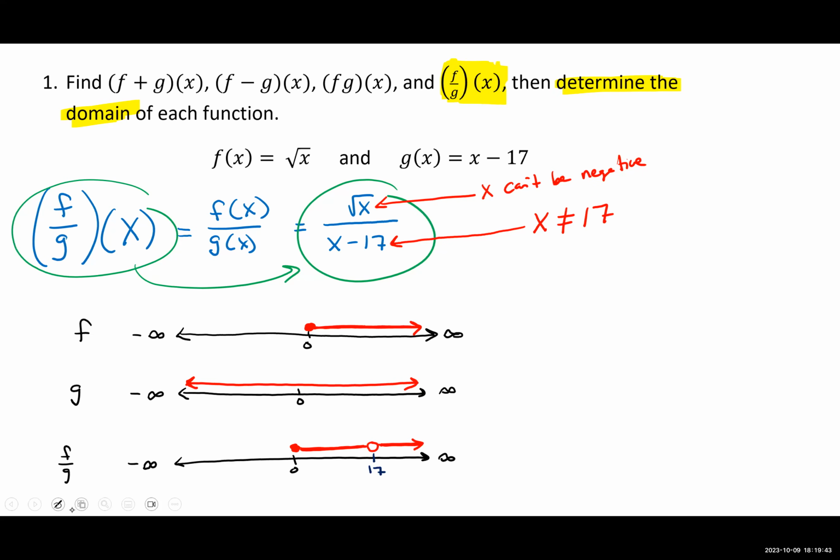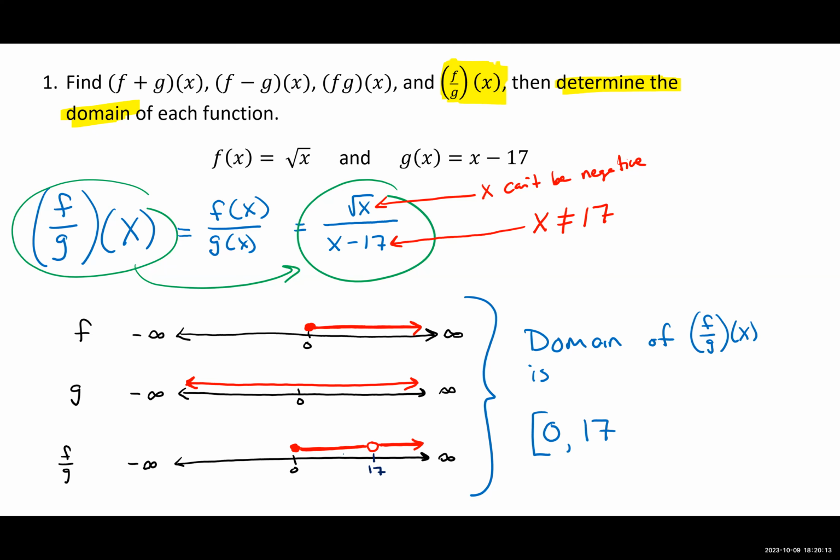So when we put these three together, we could say the domain of f over g of x is, well, it's starting at 0, right? Because we got rid of negative numbers. So starting with 0 up to 17, but then we have to stop at 17. 17 is not included, so we use a parenthesis, not a bracket.